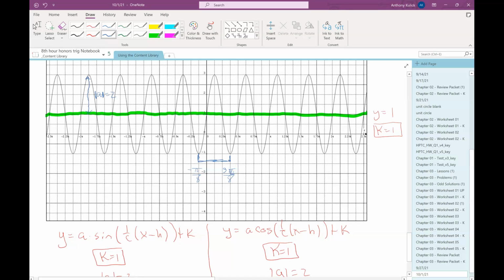So 2/8 is a quarter, 4/8 is a half, in between is 3/8. Everybody okay with that? So that total length for my period then is 4/8 or just pi over 2.